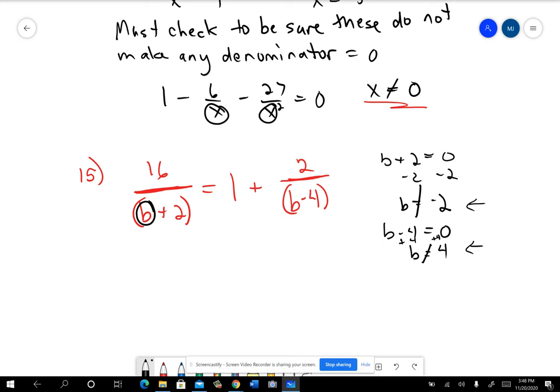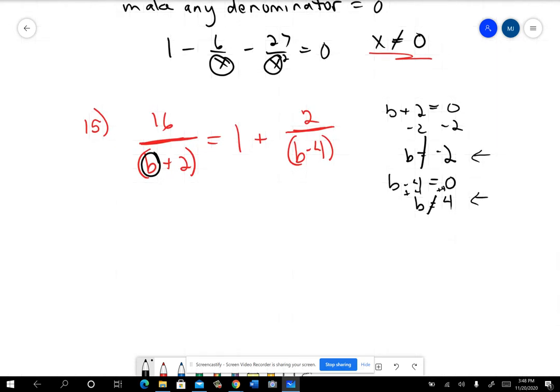Okay. Now, before, when we had the problem earlier, it was a lot easier to see the LCD. We had the least common denominator being just x squared. Okay, the way I think about it is I'm looking for what it would take to clear the fractions, to get rid of the denominators. And so I take each one separately. So to get rid of this guy, okay, I know I'm going to need a b plus 2.